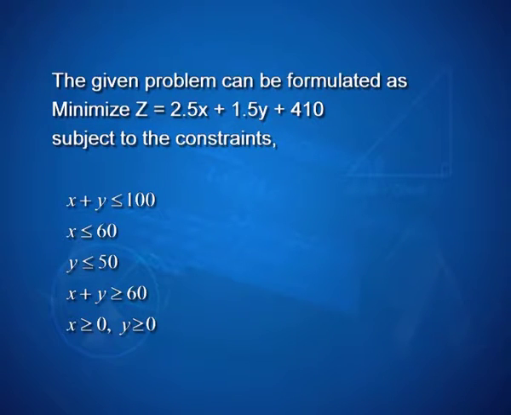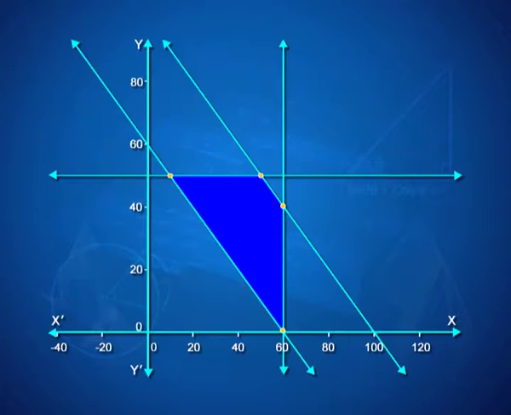In this case, I have mainly 4 linear inequalities to understand. x plus y less than or equal to 100, and the other line as you plot would also be parallel to x plus y, and one of them is a vertical line, the other is a horizontal line. When you take the testing point, maybe for all of them, as the origin, you will be able to locate the feasible region, which in this case turns out to be a nicely bounded region.